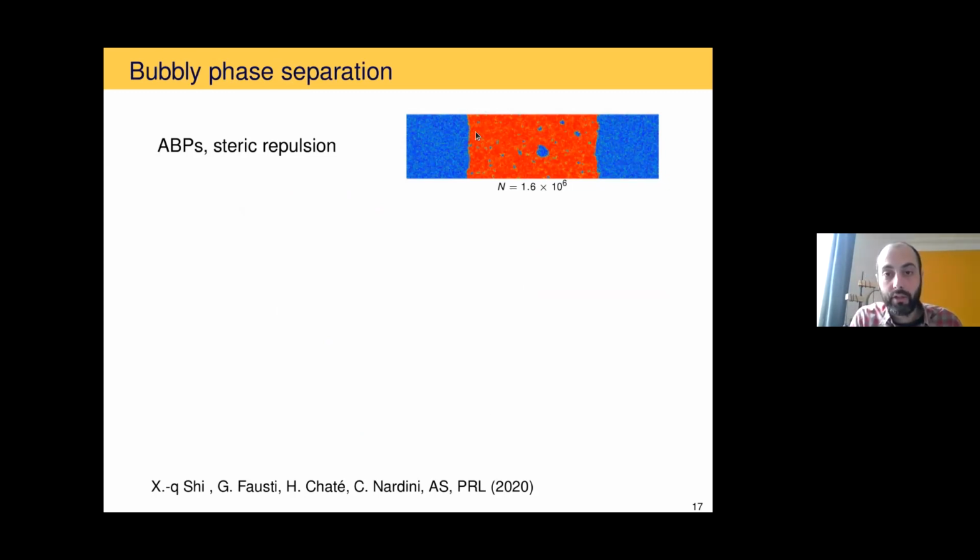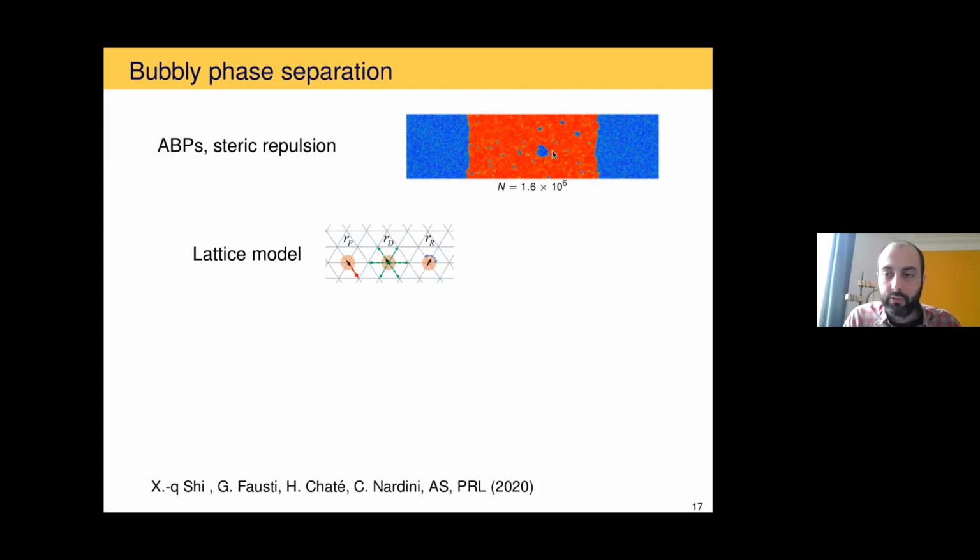Here is an image of what you get when you have 1.6 billion particles. It's rather inconvenient if you want to study these bubbles because you need very large systems, and also very long simulations because the time scales for these bubbles to move are very large.